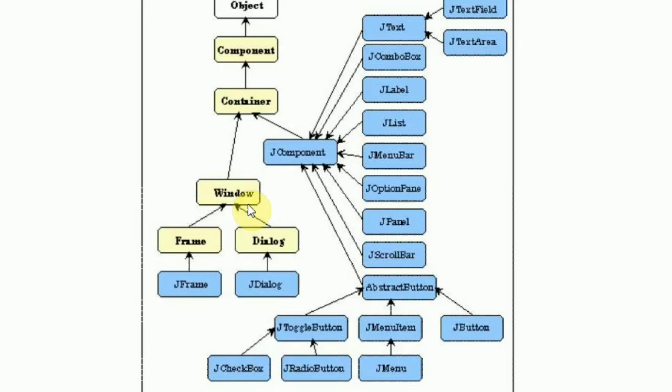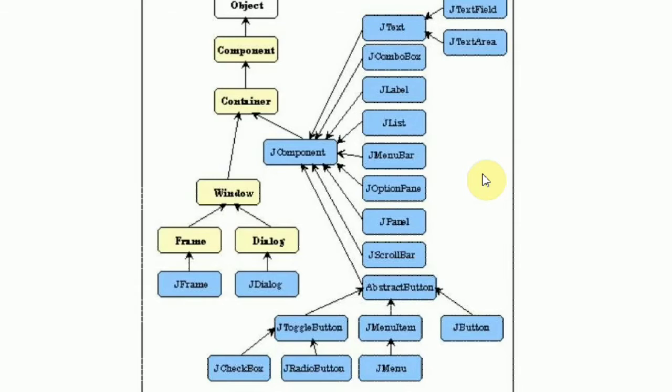Now you can see that all the items that I have listed out right now, like JText and combo box, label, then color chooser and file chooser, and then text field, text area, all these are components. Now, what is meant by a component in Java?